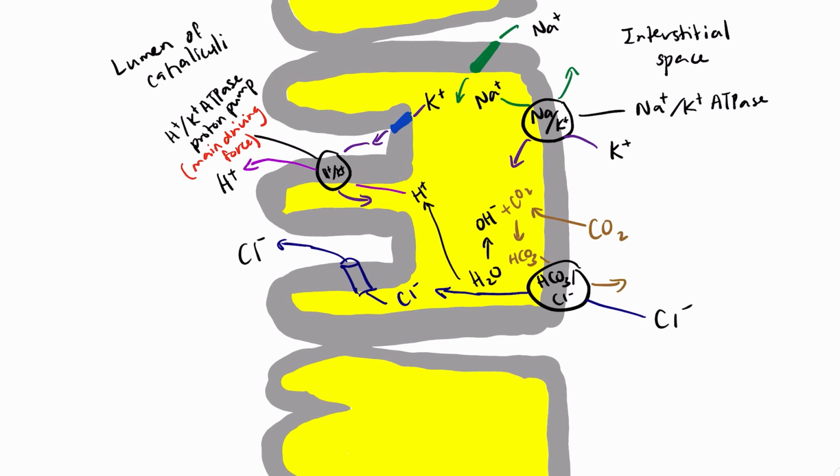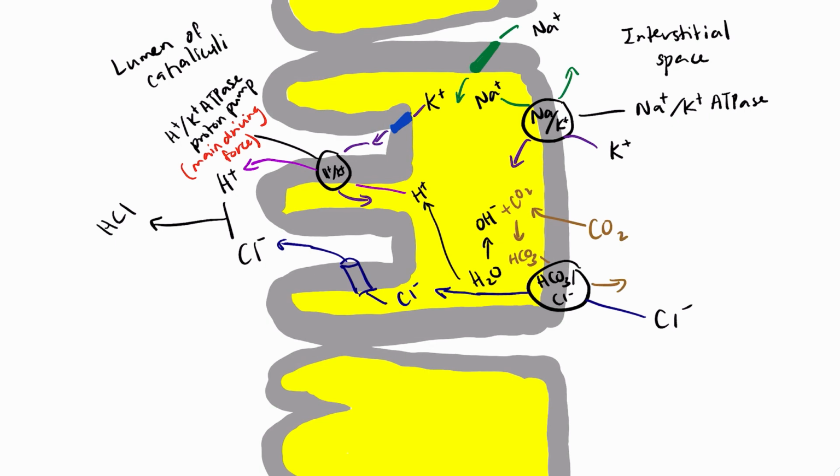The chloride ions are then secreted via chloride channels to the canaliculi lumen from the parietal cell. This means the hydrogen ions that are actively pumped from the parietal cells into the lumen can bind to the chloride ions that are secreted via chloride channels from the parietal cells into the lumen, forming hydrochloric acid.